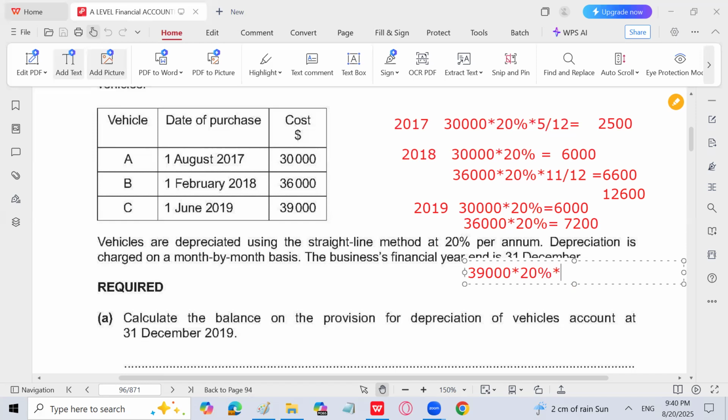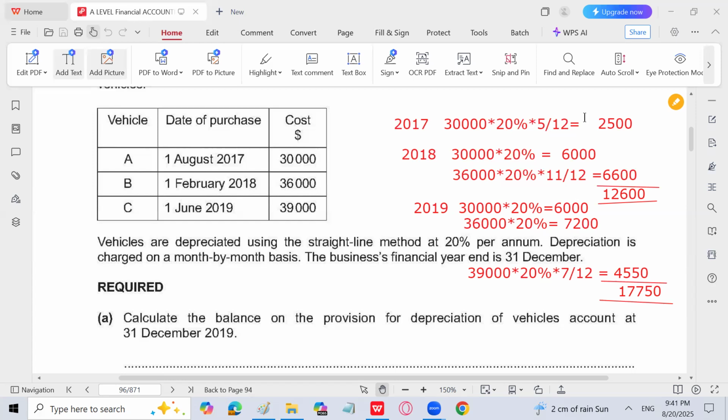So let's calculate it on a monthly basis: June, July, August, September, October, November, December. It becomes 7 months. So into 7 over 12, that is 4,550. So the total depreciation for all three assets for 2019 is 6,000 plus 7,200 plus 4,550, which is 17,750.